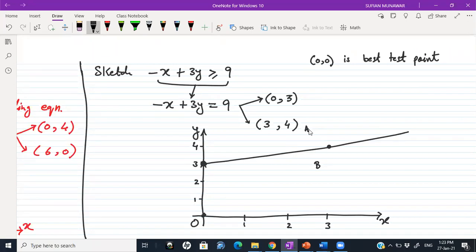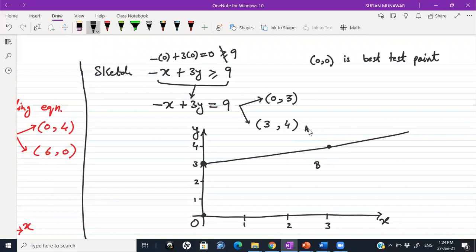I will go back to the original inequality and put here 0 plus 3 into 0. So what do we get? We get 0. Is 0 greater than or equal to 9? No. This means that the test point fails.